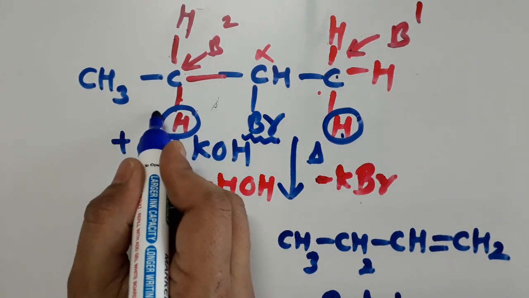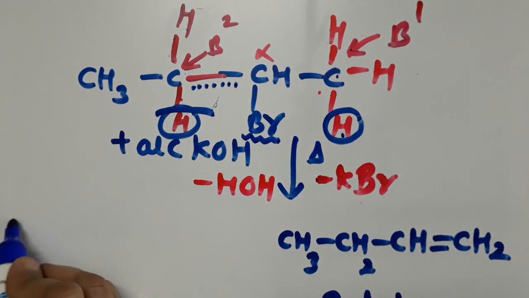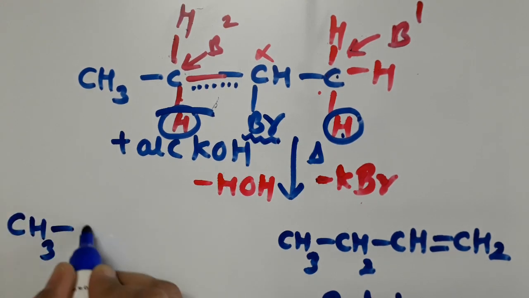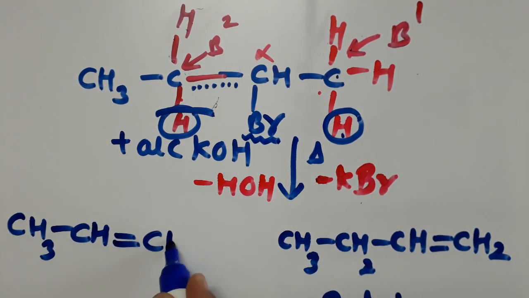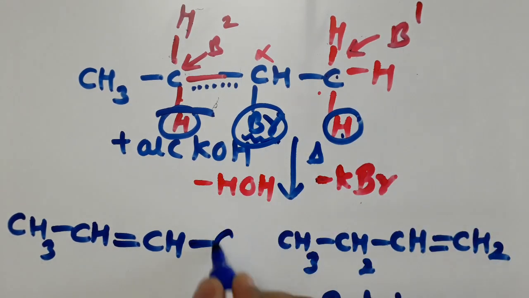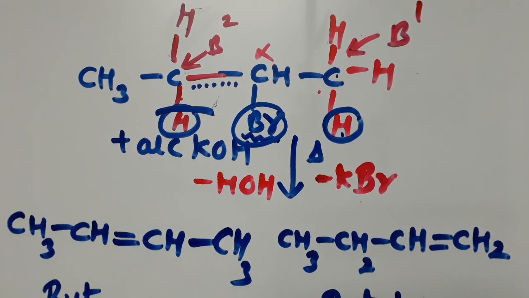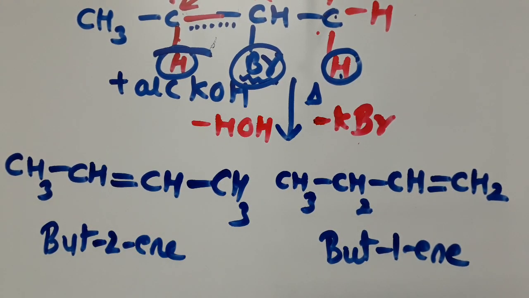Now if this hydrogen is coming out, it means the double bond will come over here. So I'll write CH3, CH, as I said, double bond CH, Br has already come out, and the remaining CH3 will remain as it is. Now what is the name of this compound? It is but-2-ene. So we will be getting two products in this case when we have 2 beta carbon atoms.